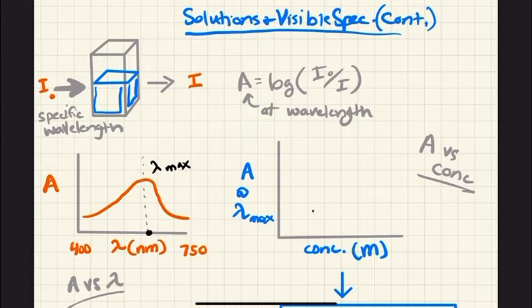So let's imagine we get these data points. All right, so let's say we made 4 solutions. Well, actually, on the previous slide, we had 5 solutions, so I'll just be consistent. Let's say we got these data points for the absorbance for the solutions that we made with our specific concentrations. Remember, we had 1 molar, so let's just pretend that's this one.